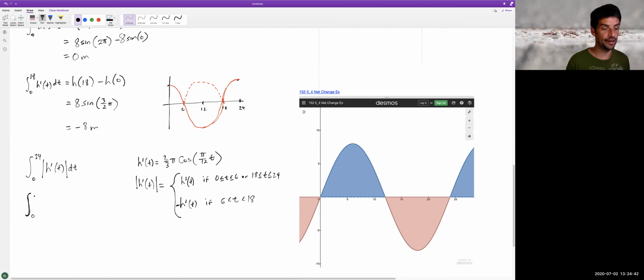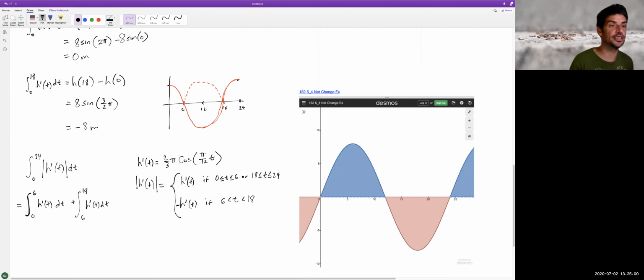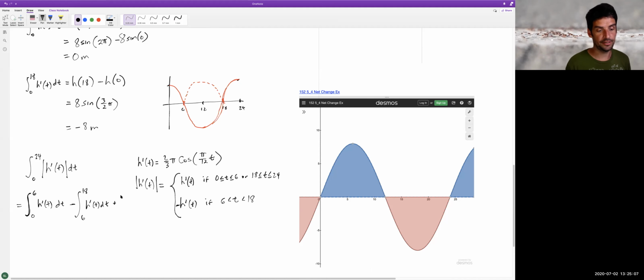For instance, we're going to have 0 to 6, h prime of t dt, plus 6 to 18 of negative h prime of t dt. Let's just take that negative outside and make this a minus. Plus 18 to 24 h prime of t dt.